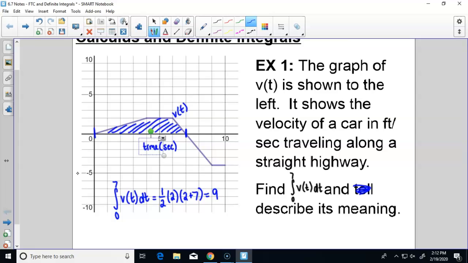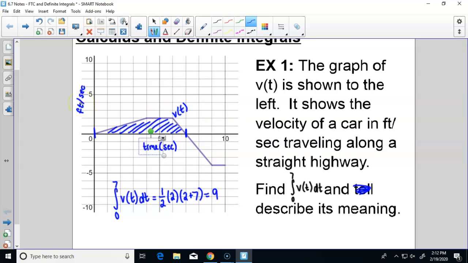It is, no, not feet. It is feet per second. So this is the graph of velocity, and it shows the velocity of the car. So the velocity is going to be measured in that feet per second.